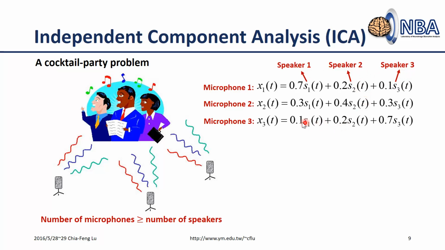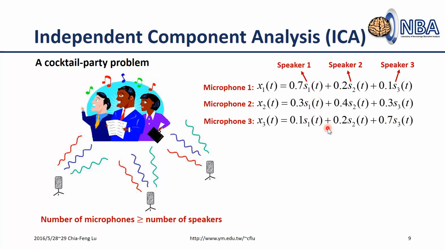You can see that the three different microphones have different linear combinations of these three different sources. So for the first one, speaker 1 may have the largest weighting right here, 0.7. But for the right-hand side, this one may have the smallest weighting, 0.1. However, microphone 3 may have the reversed weighting.